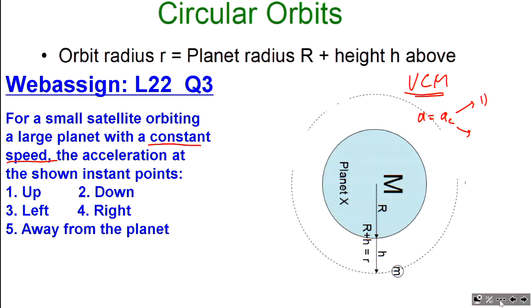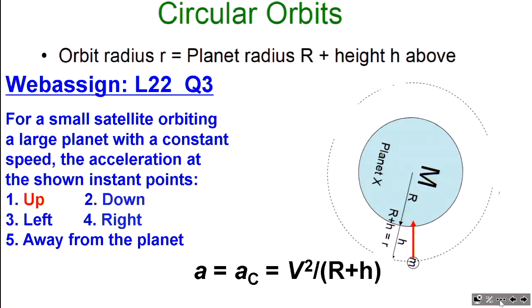It points towards the center of the circle, and it has magnitude of speed squared over the radius. So if the object is, well, here, it is up. Week 3. So far nothing new, right? Which makes our life easier.